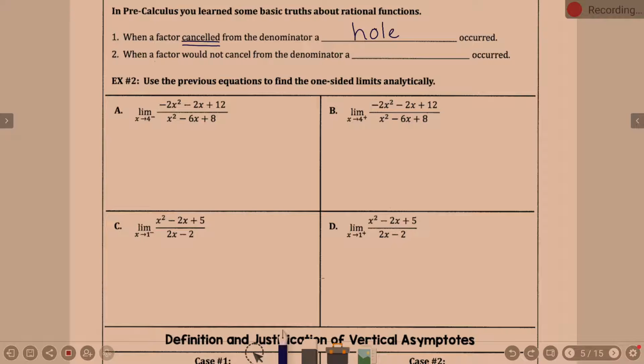When a factor canceled, a hole occurred. When a factor would not cancel from the denominator, an asymptote occurred. What type of asymptote? Vertical. There we go. Redemption. A vertical asymptote occurred.